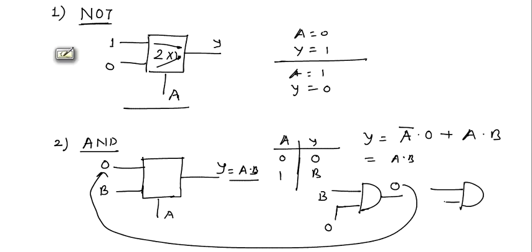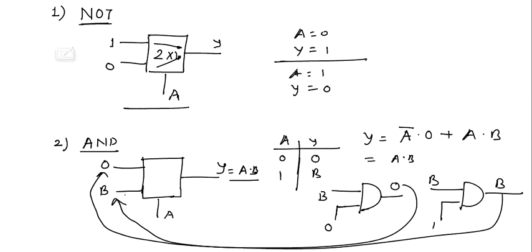Now if we give one input as 1, then if B is 0, output will be 0. If B is 1, output will be 1. So whichever is the value of B will be the output, so the output will be B. This B will go here. So in this way we can select the inputs.